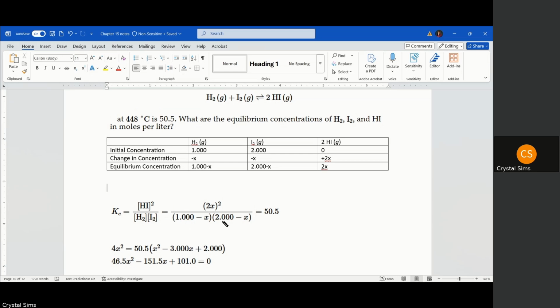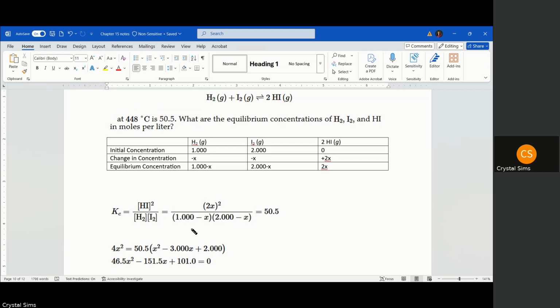First, outer, inner, last. So you've got your 1.000 times the 2.000, and then 1.000 times negative x, times 2.000, and then negative x times negative x. And then we write it in our standard quadratic form here: x squared minus 3.000x plus 2.00.